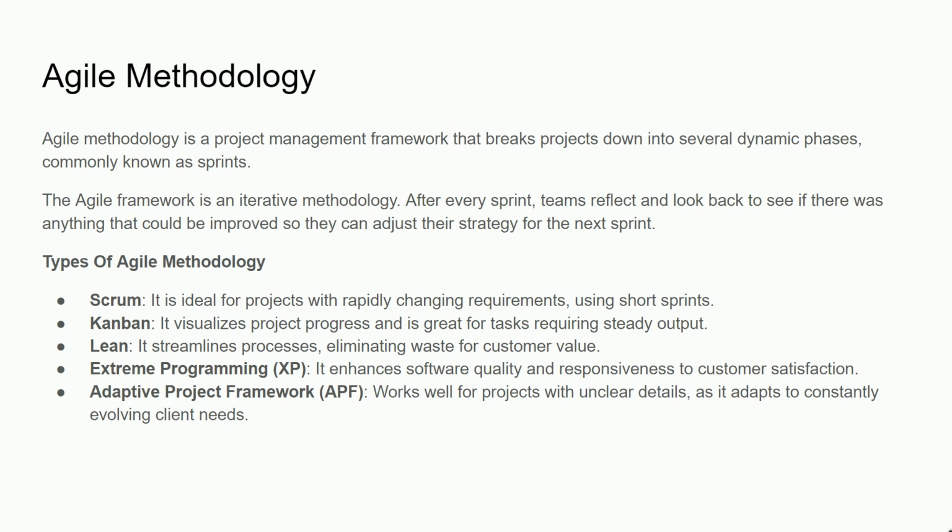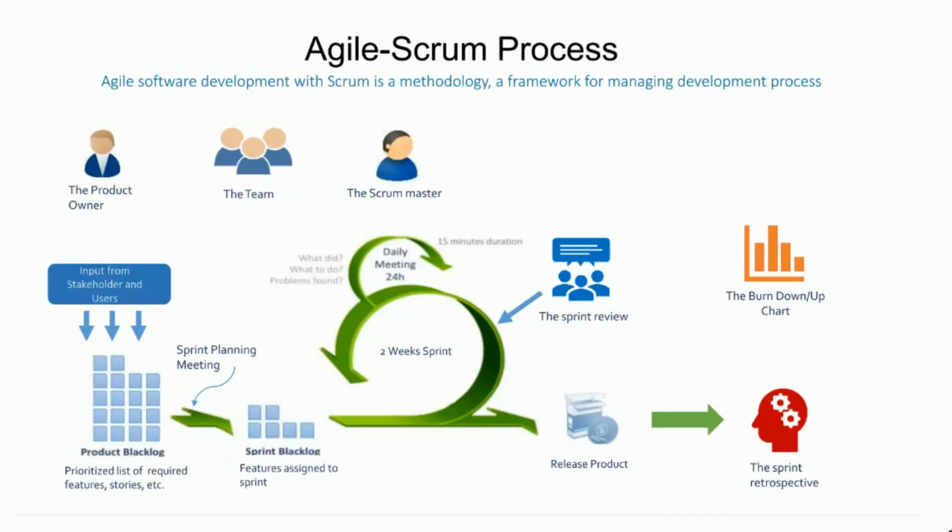Extreme programming enhances software quality and is responsive to customer satisfaction. And adaptive project framework works well for projects with unclear detail, as it adapts to the constantly evolving client needs. So this is the agile scrum process.